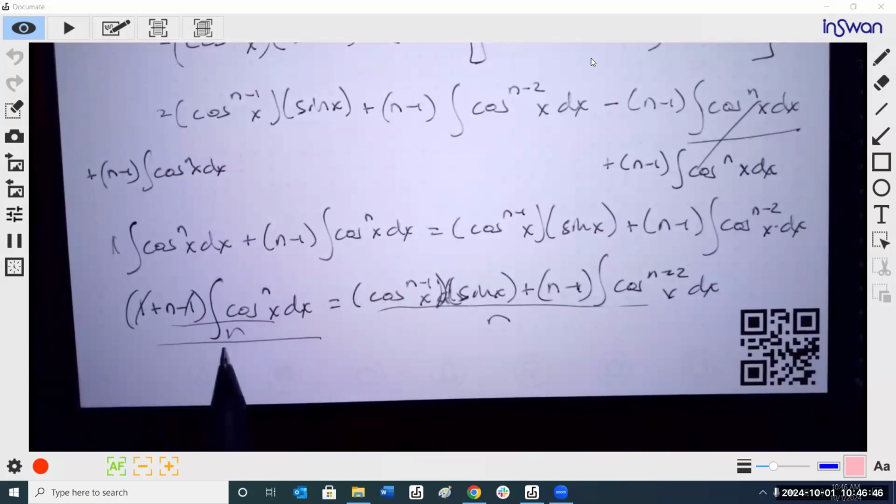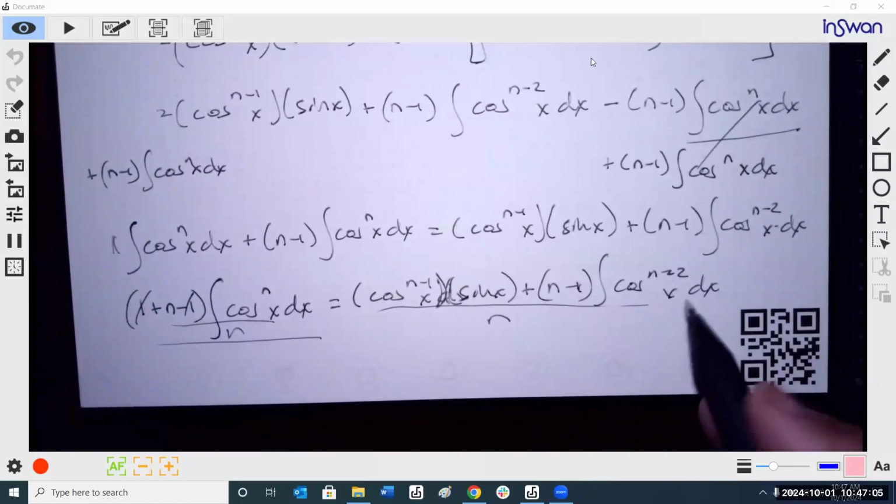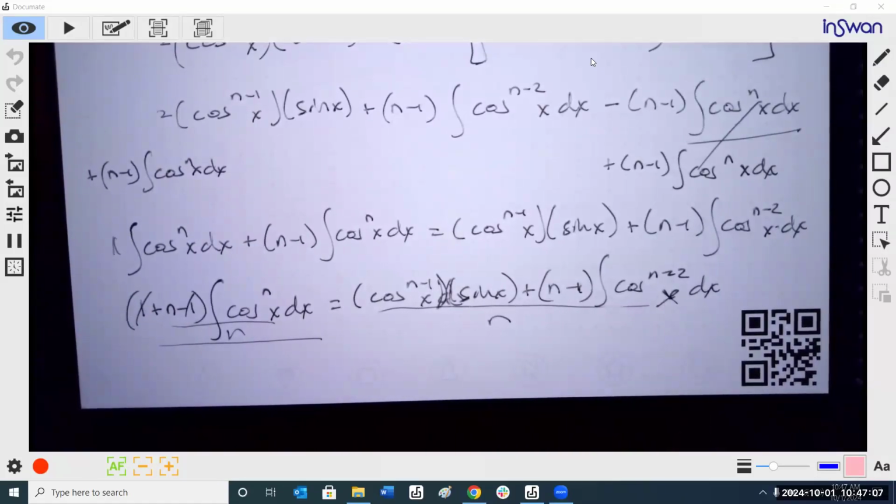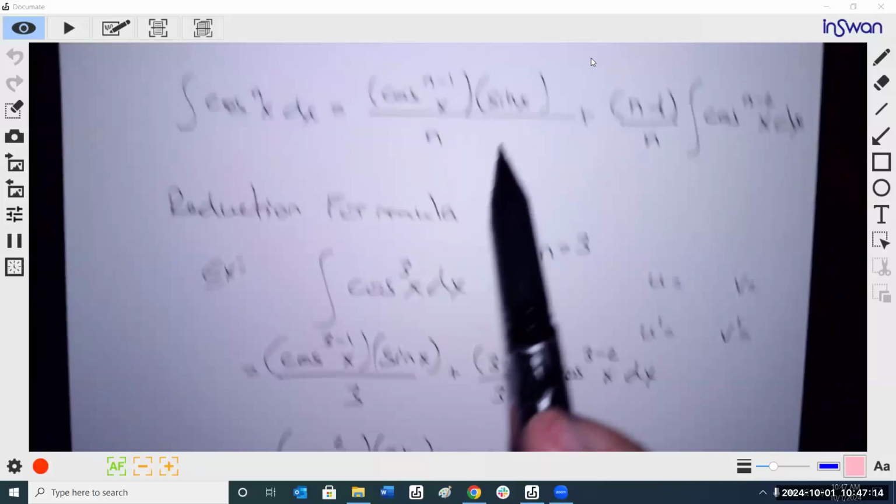They both have cosine power n of x. And this is the u v integral of v u prime. I do apologize, but it cleans up pretty well when we have real numbers. It cleans up really well.